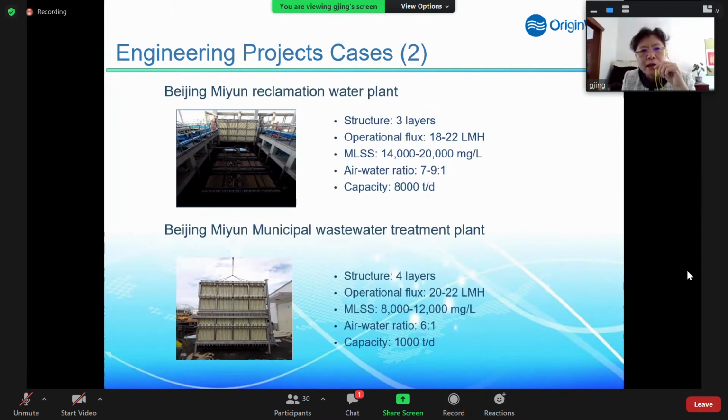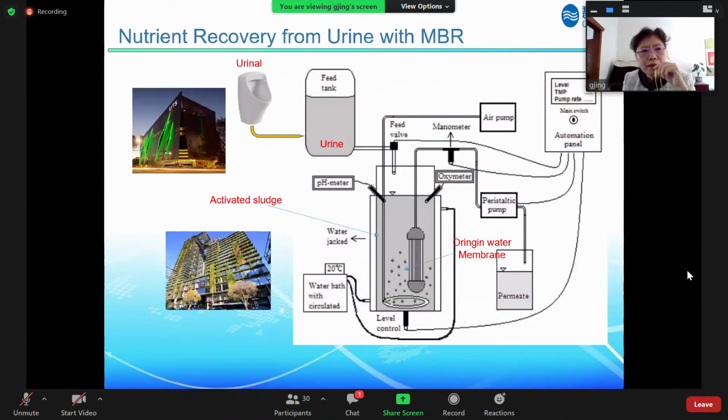You can see that at this wastewater treatment plant, it uses very high mixed liquor and has a pretty good operation flux at above 20 LMH. We also applied this corrugated membrane in Australia, working with Professor Song at UTS, for nutrient recovery from a urine system, and it's working very well at pilot scale.